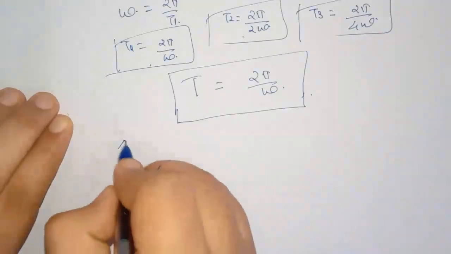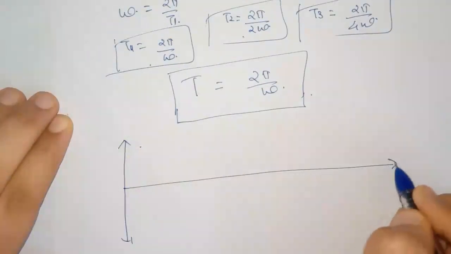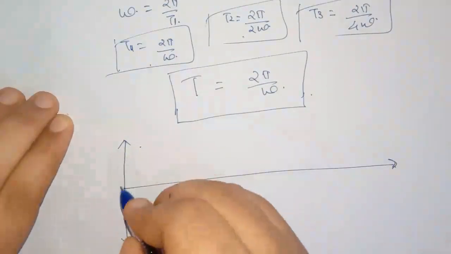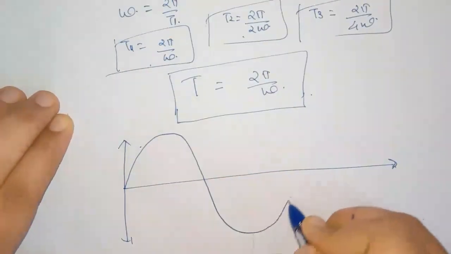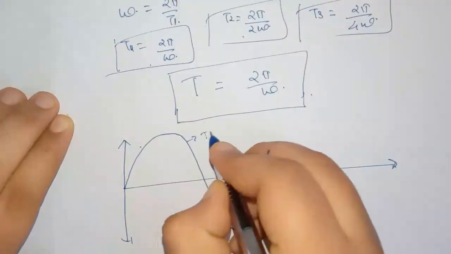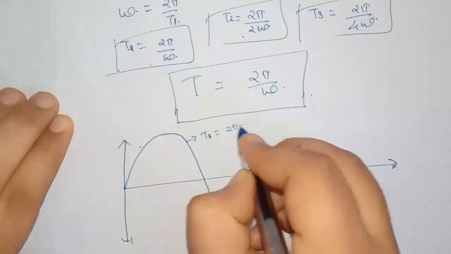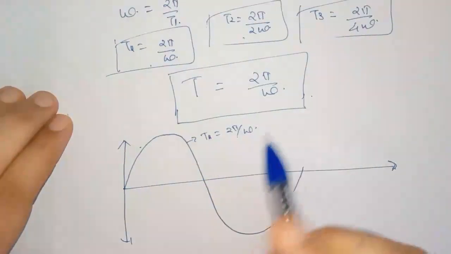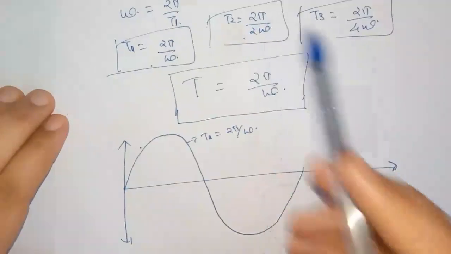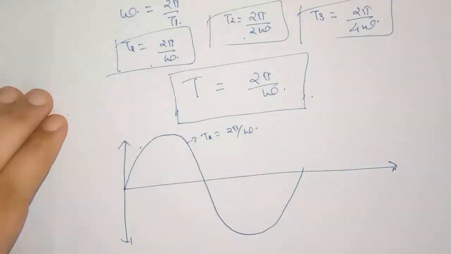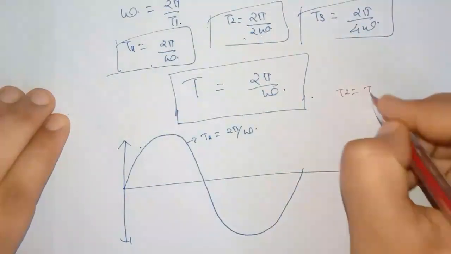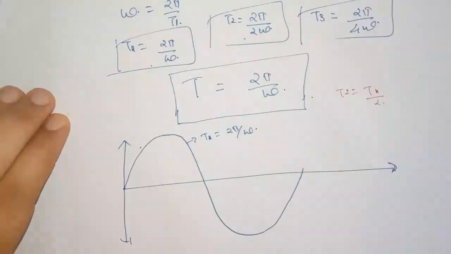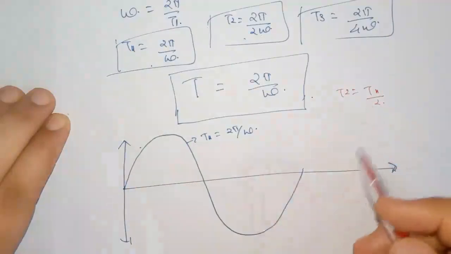waveform. This is a function having time period t1, that is equal to 2 pi by omega. The other function has time period t2. We can write t2 is equal to t1 by 2. That is, its time period is half.